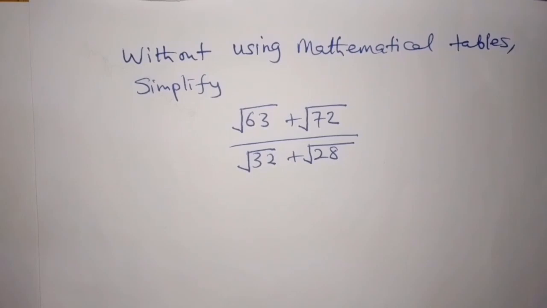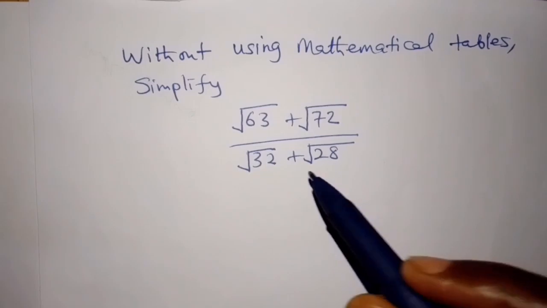Without using mathematical tables, simplify the square root of 63 plus the square root of 72 over the square root of 32 plus the square root of 28. We rationalize the denominator by multiplying with the conjugate, that is the square root of 32 minus the square root of 28, both denominator and numerator.